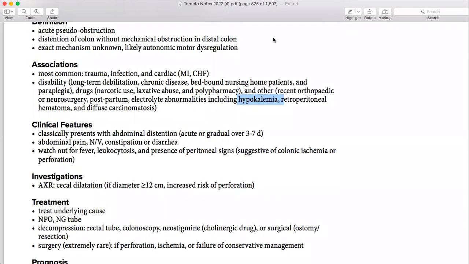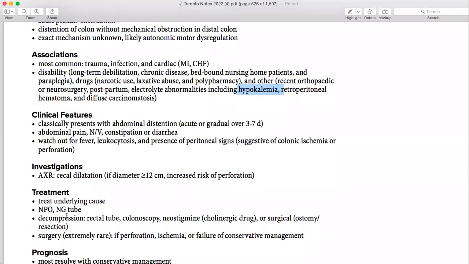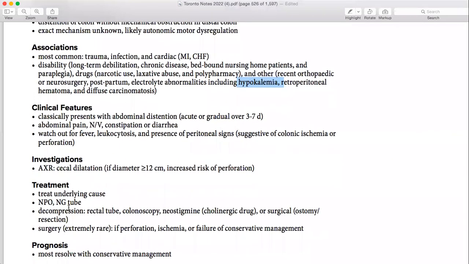Then comes treating the underlying cause, NPO, NG tube, decompression. This is what I was talking about: you are not going to pass the NG tube, you are going to pass the rectal tube. And after passing the rectal tube, you are going to do decompression. Then do colonoscopy, and neostigmine if the patient needs it, so you are going to give neostigmine.